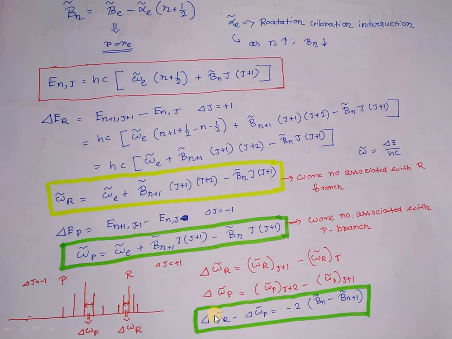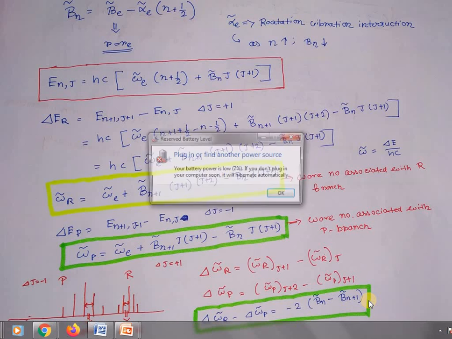So the difference between the gap in the P branch and in the R branch, delta omega bar R and delta omega bar P, if we subtract them, we obtain the value equal to minus 2 into (B̄n minus B̄n+1).